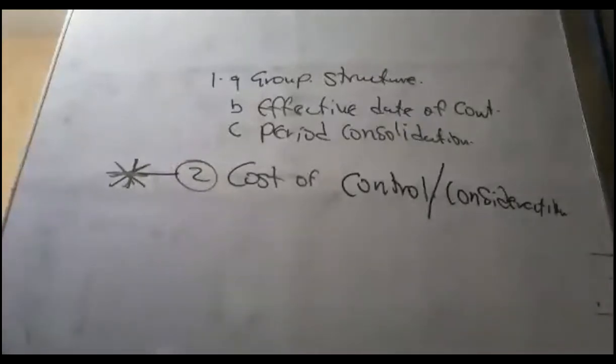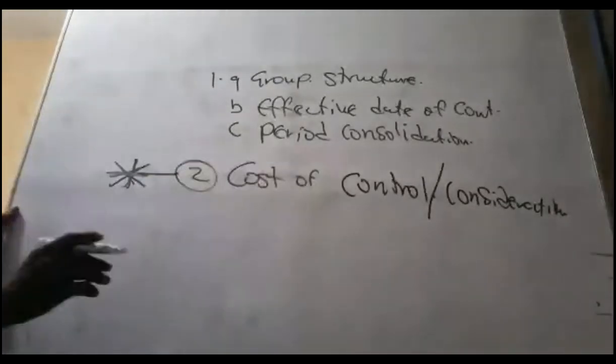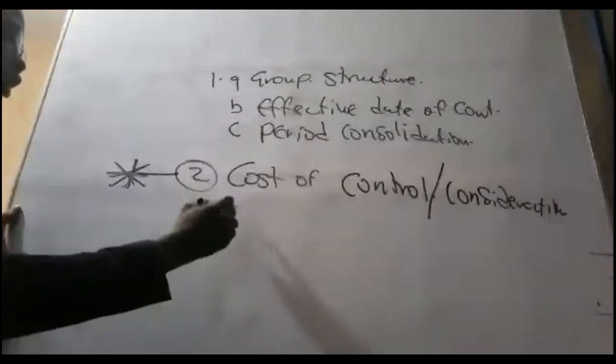You've acquired shares from your subsidiary to gain control, whether fully or partially. What is the total cost involved? Basically, it's made up of 3 to 4 items.